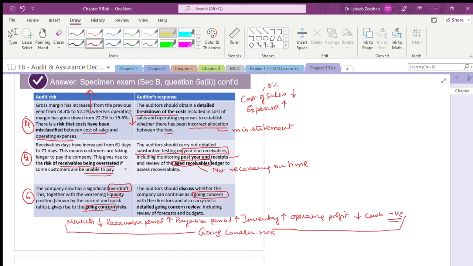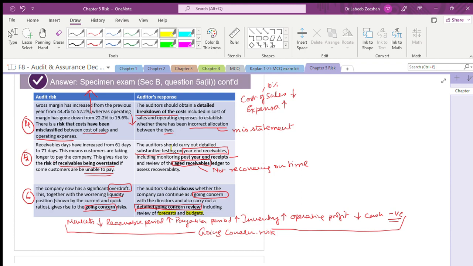You have to do a detailed going concern review, including forecasts and budgets.